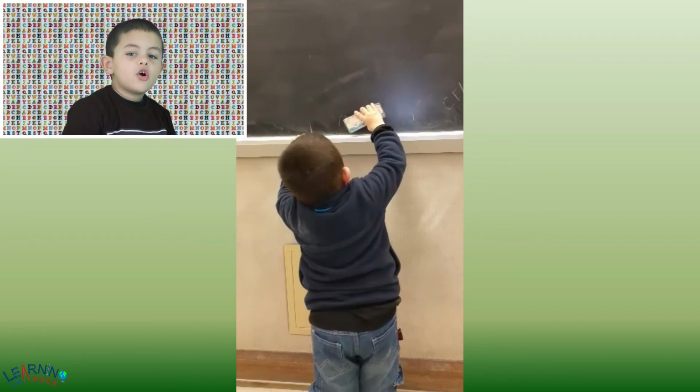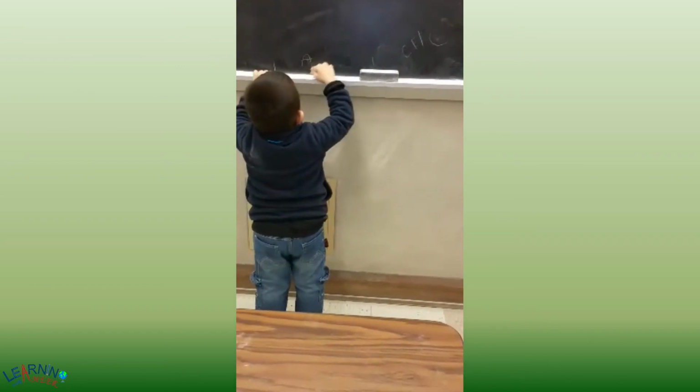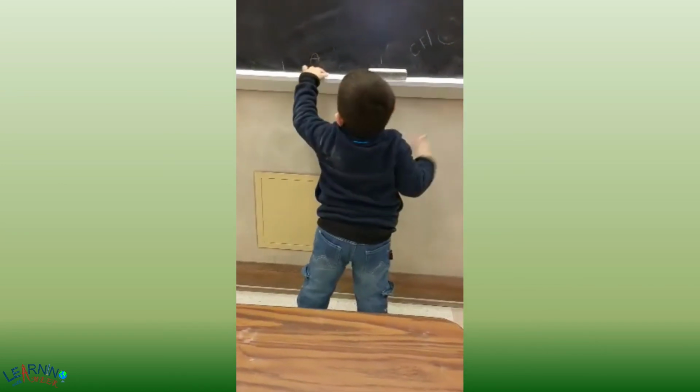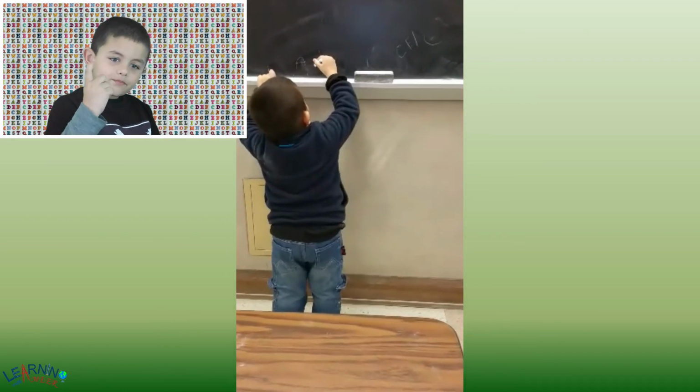Here's a video of me writing them on the blackboard of a classroom in Purdue University. A. A, B. No, write B. I was 2.5 years old at that time.